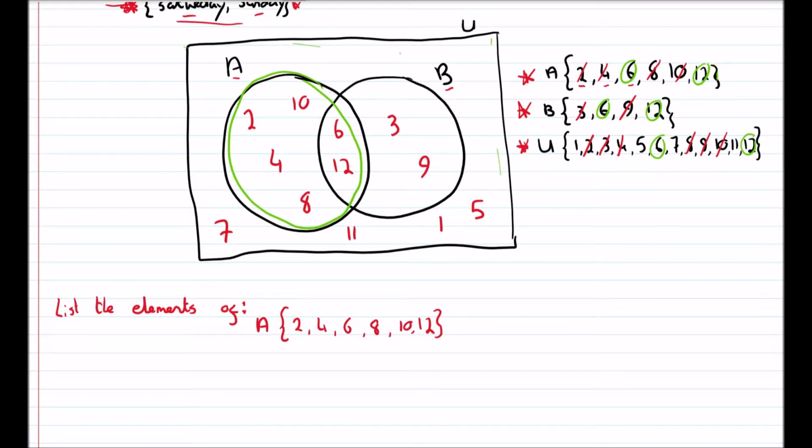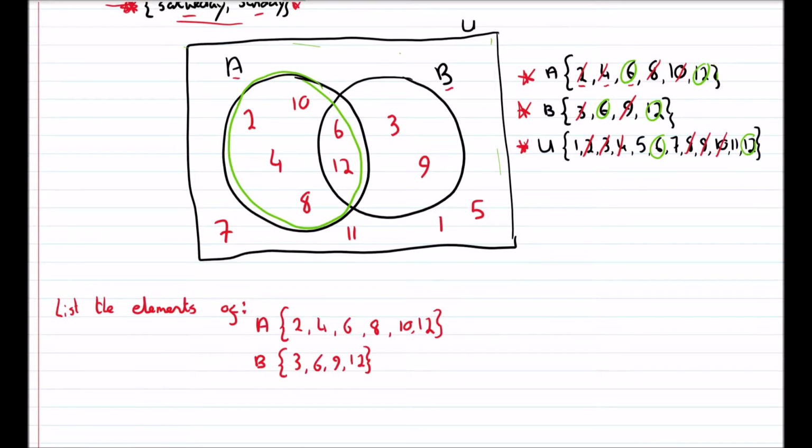We could also be asked to list the elements of B, and that would be 3, 6, 9, and 12. We could also be asked to list the elements of U, and we would list all of them as well.